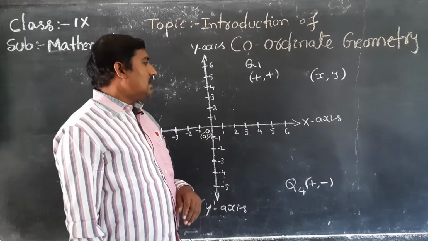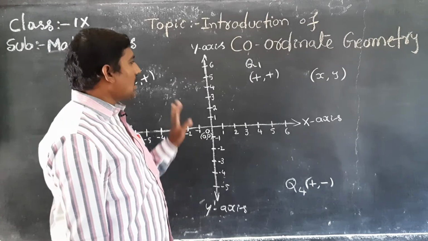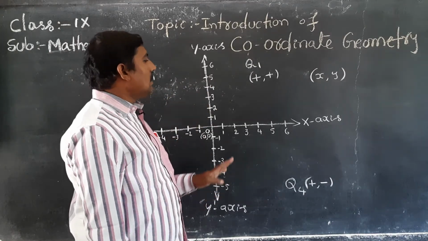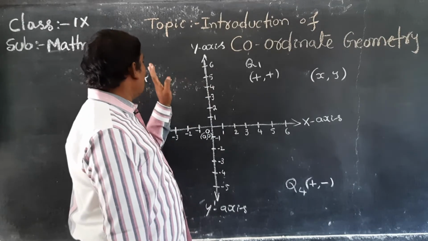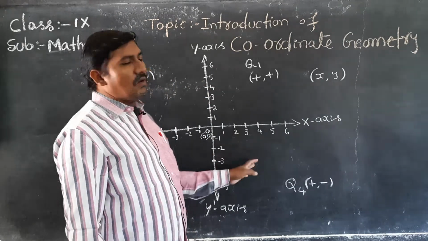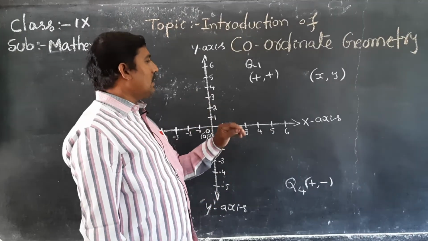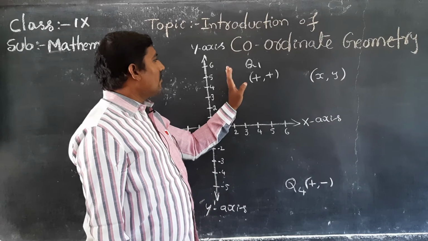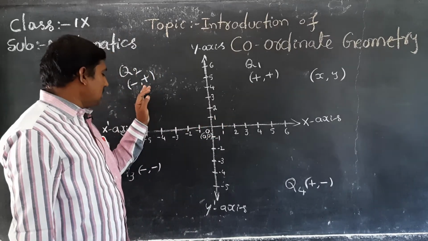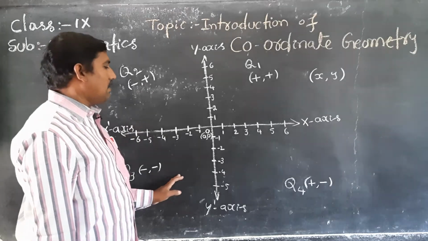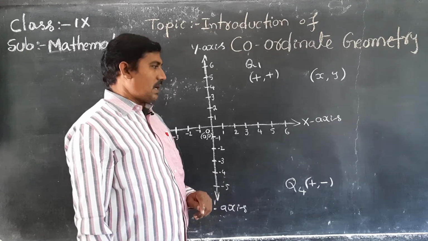Here we divided the total plane into 4 parts and named them Q1, Q2, Q3, Q4, the 4 quadrants.